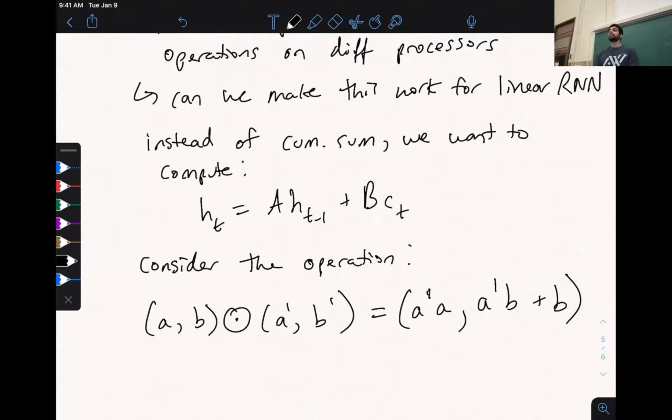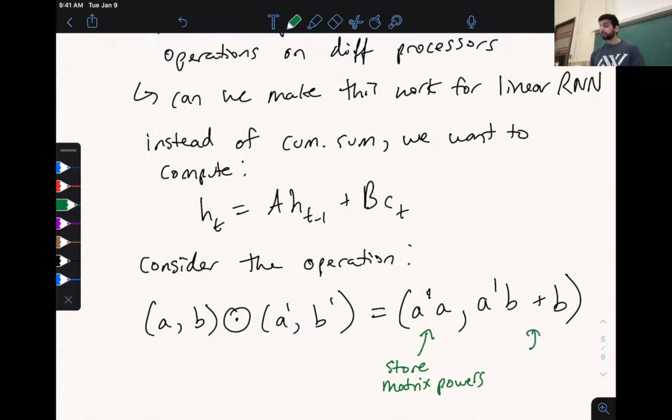So if you look at these, you can kind of see the relationship between these and the unrolling of the linear RNN that we discussed before. In particular, the first element is going to store the matrix powers of the A matrix. So we need to get A squared, A cubed, A to the fourth, and so on. So we're going to compute those as we proceed up the tree.